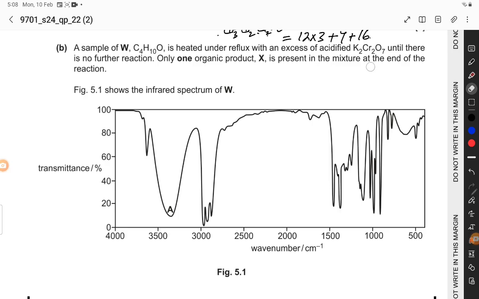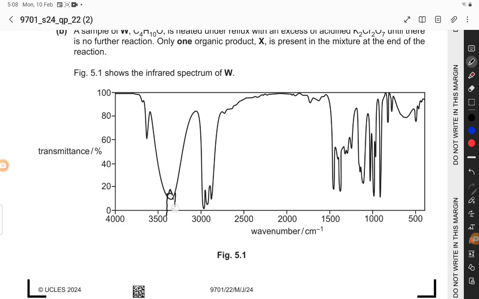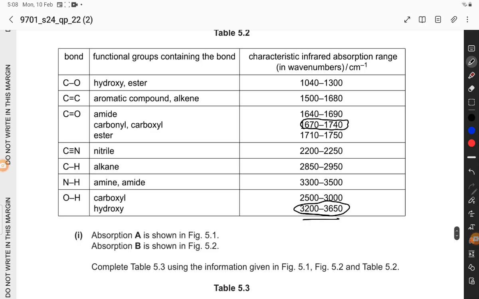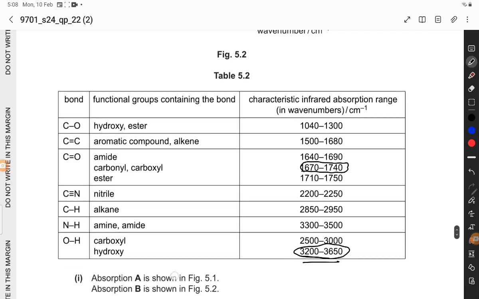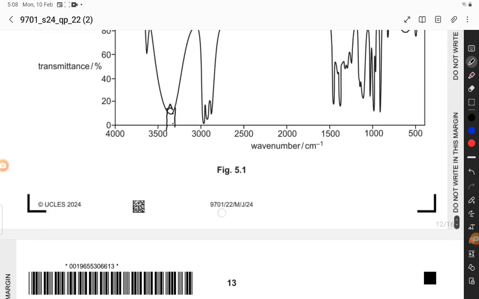Organic product X is present in the mixture at the end, so this is A. The A peak is in between 3200 to 3600.